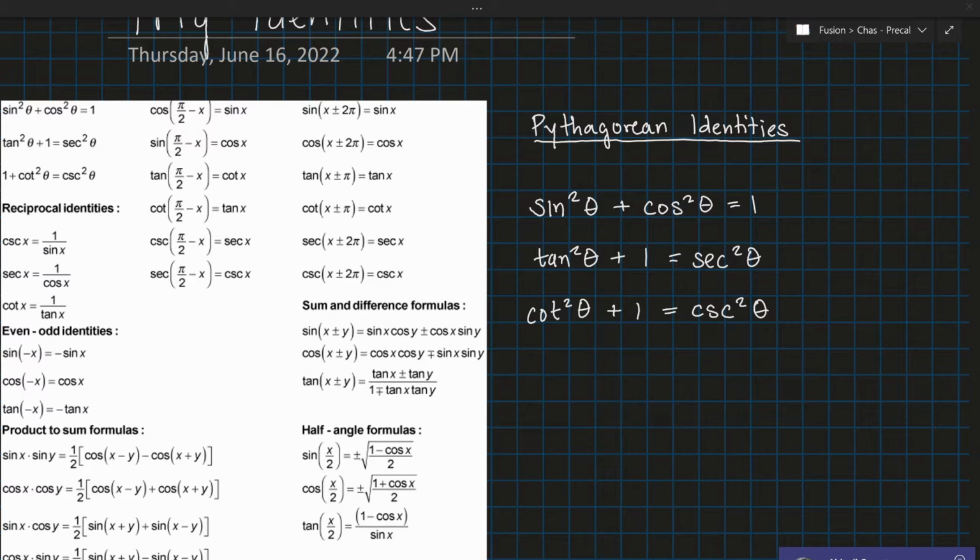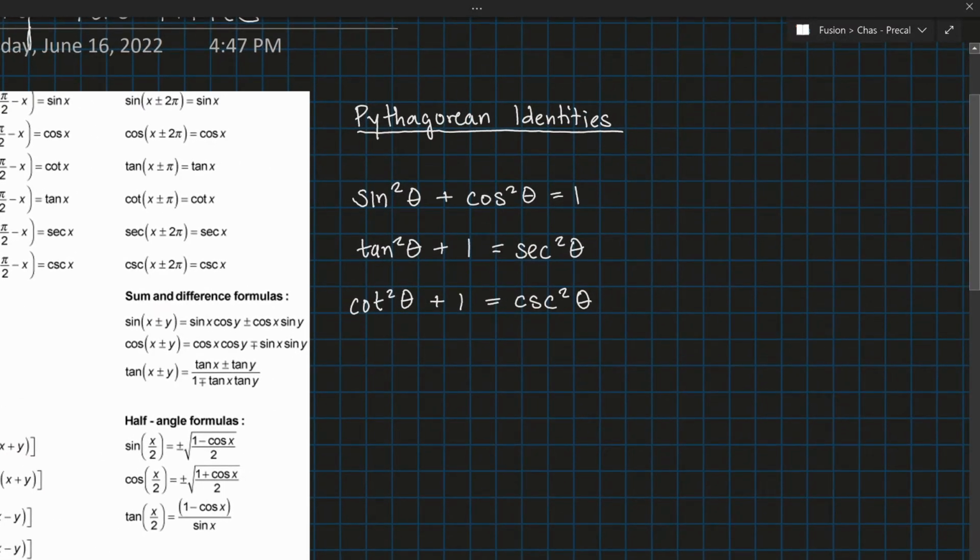So is there any significance to the different functions squared, like sine squared theta? Yes, actually, it's Pythagorean identities because it's literally derived from the Pythagorean formula, a squared plus b squared equals c squared.